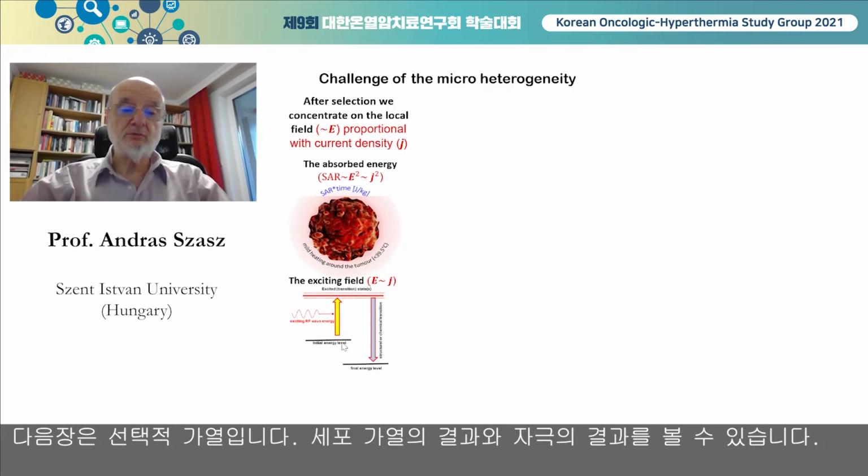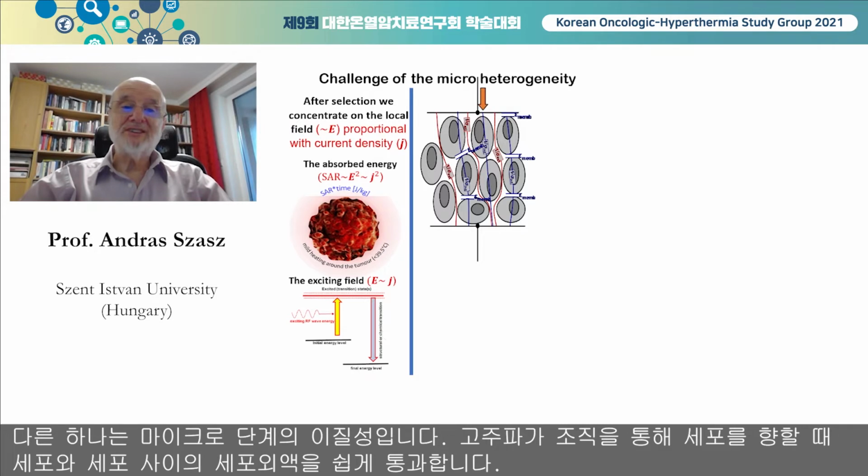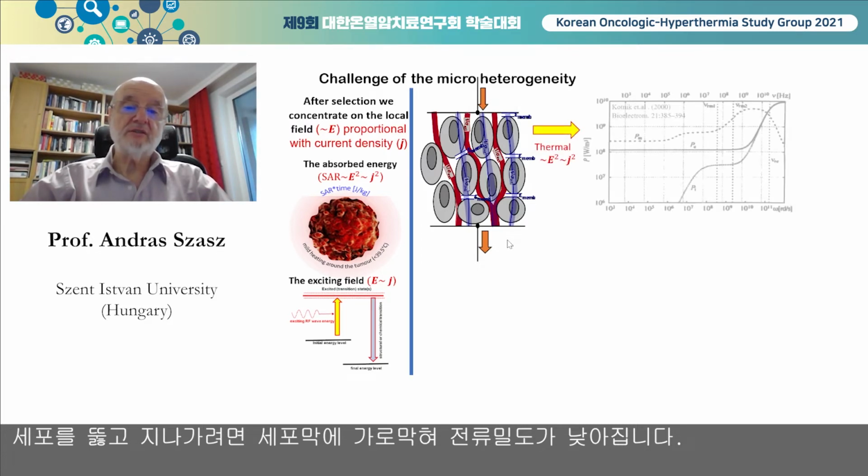The excitation from the initial to the end goes through a transition state which is excited. The other one is the micro heterogeneity: when the current goes through the tissue, the current goes much more easily between the cells, so in extracellular liquid, than through the cells, because the membranes are barriers, and this limits very much the real current density.